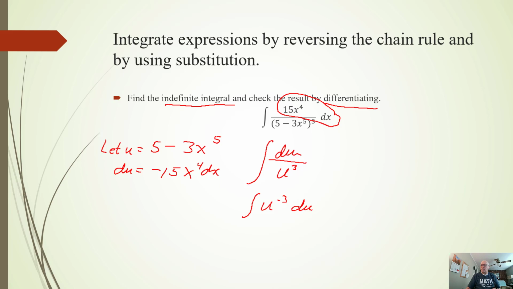Remember, we're adding 1 to this exponent, so we'll have u to the negative 2, and we're going to have a negative 2 down here, and remember, this is a minus 15x to the fourth. So what we'll need to do is put a minus out front, plus c.